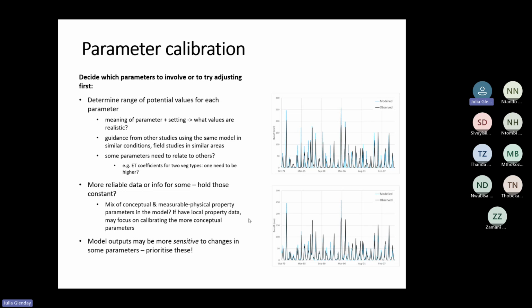The relationship between one vegetation type and another, like forest versus grass, remains the way that we think it should be. And where we have more reliable information or data, we would try to hold some of those parameters more constant and focus on the ones we're most uncertain about.